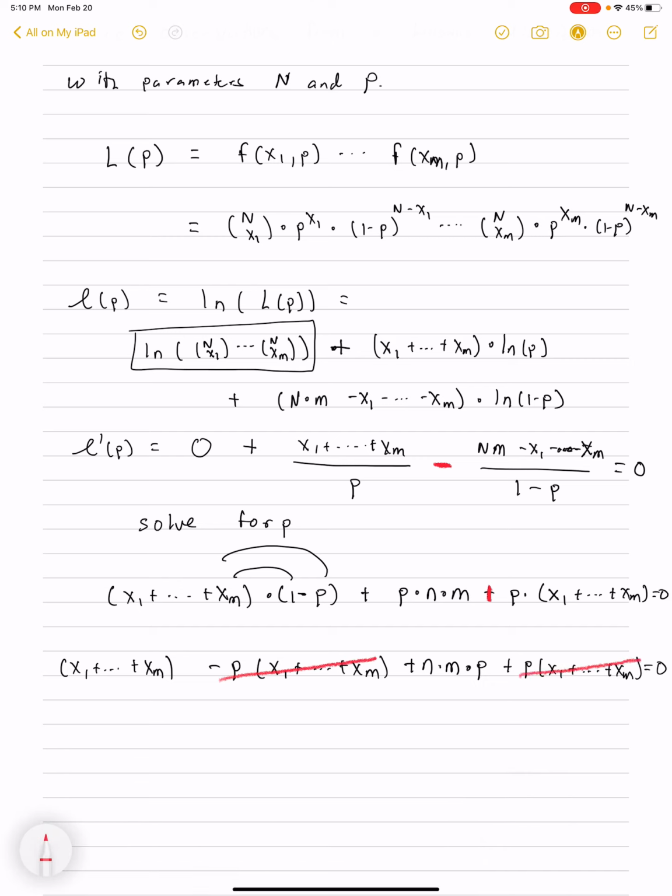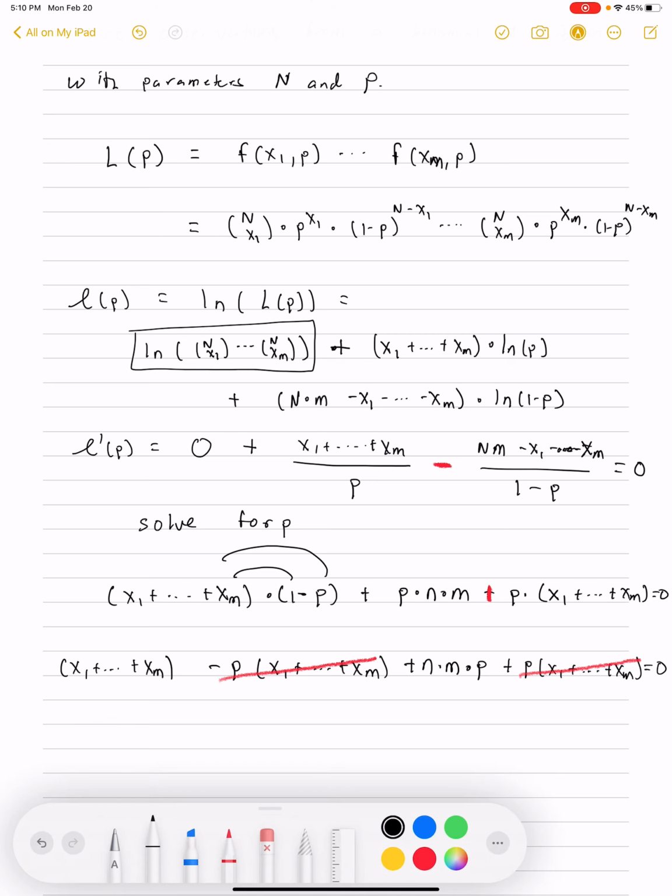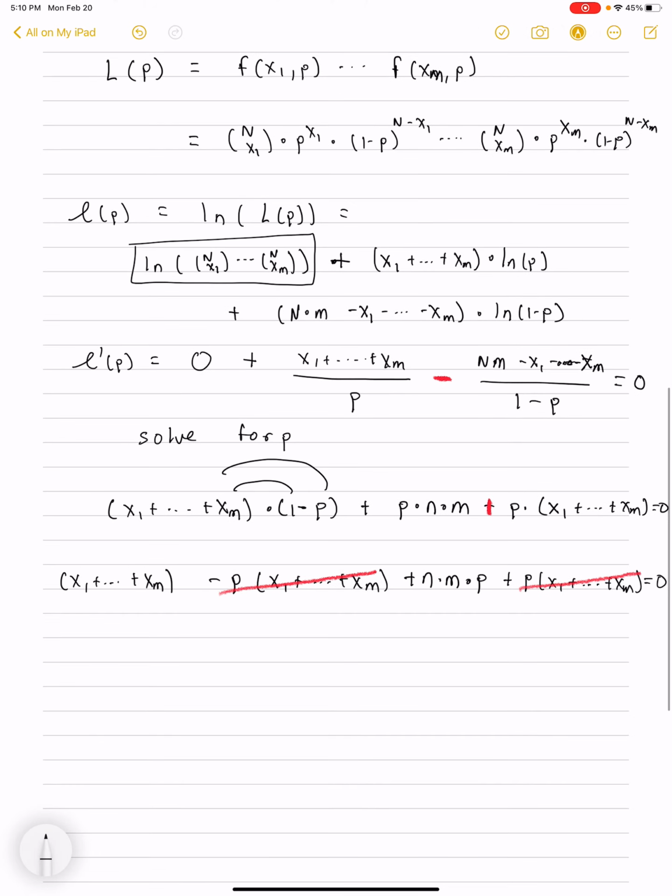Now the nice thing about catching that mistake is that this term cancels with this term. And now to solve for the unknown parameter p, all we're going to do is move this term to the other side and divide by p.